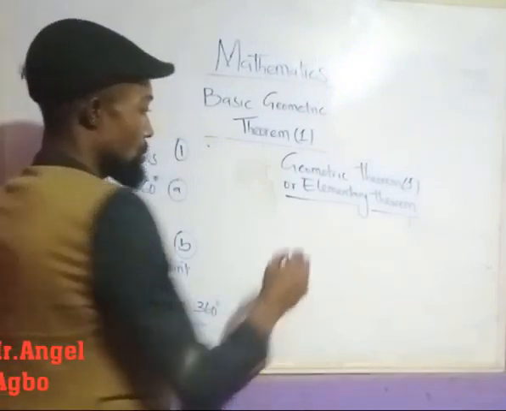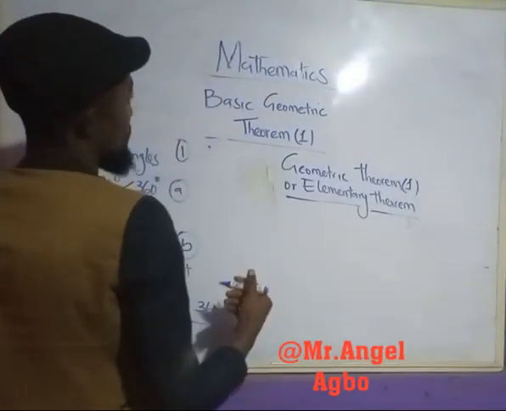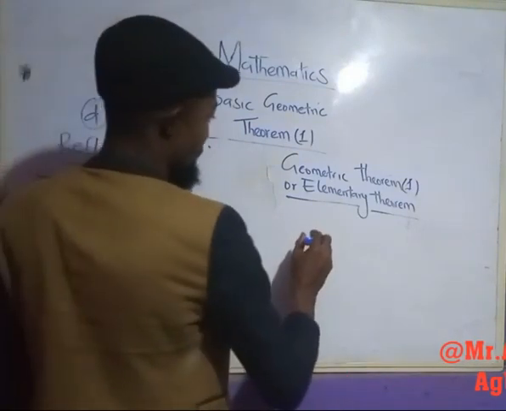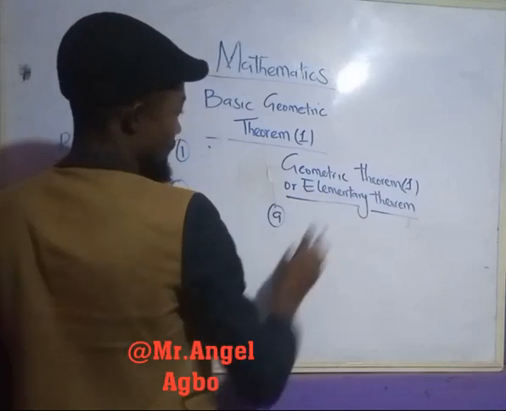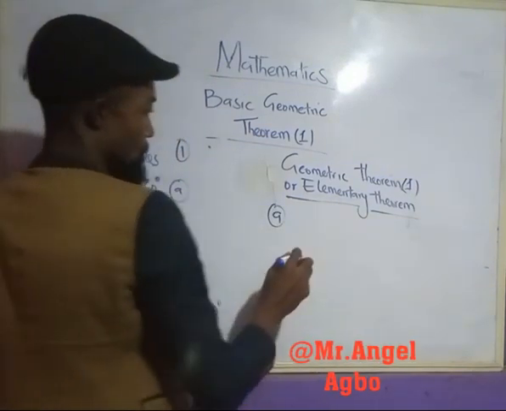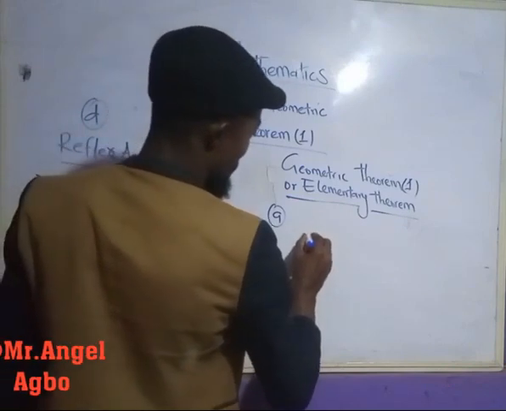I'm going to draw a shape that will help us understand them better. So number one, let's put this one as A under this elementary theorem or geometric theorem 1: alternate angles are equal.